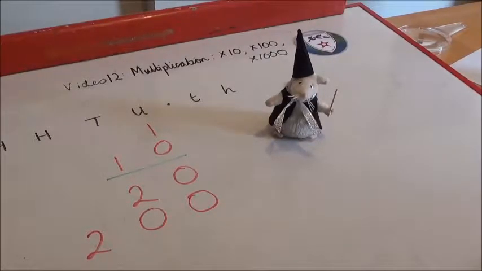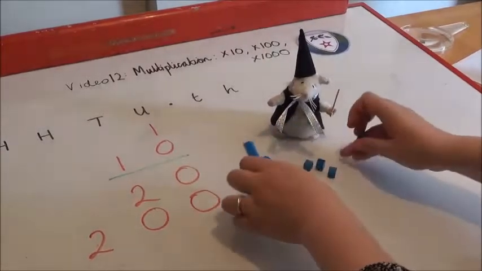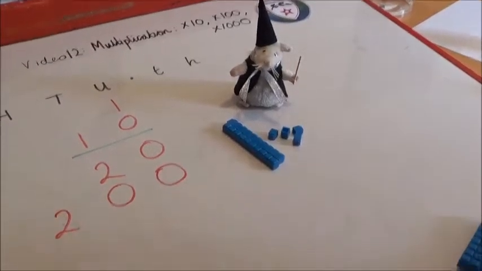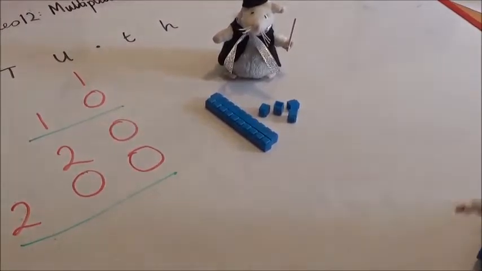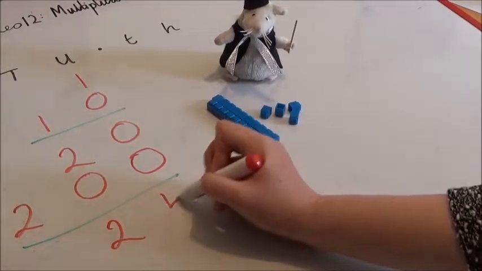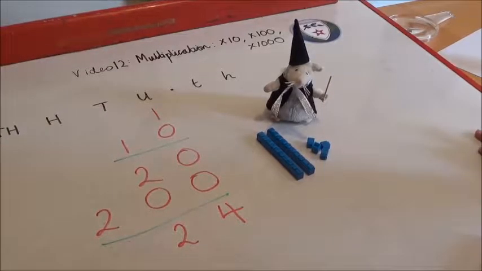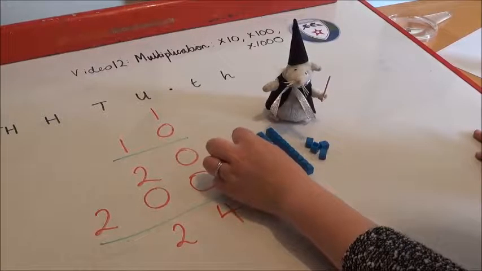Okay, what about this then? We've now got the number 24. Put a line through here so we know that we've done our calculation for that one. So Magic Merv's going to make this 10 times bigger. So every single one of these would be multiplied by 10.